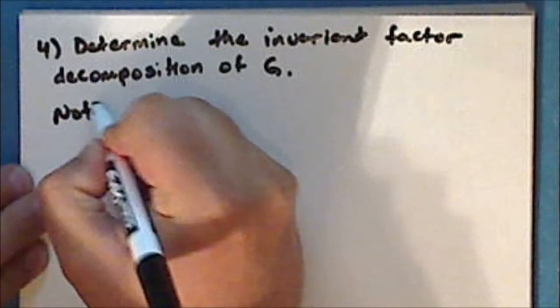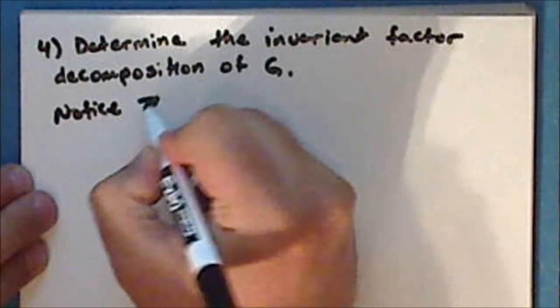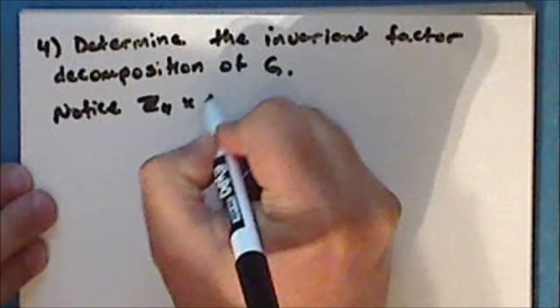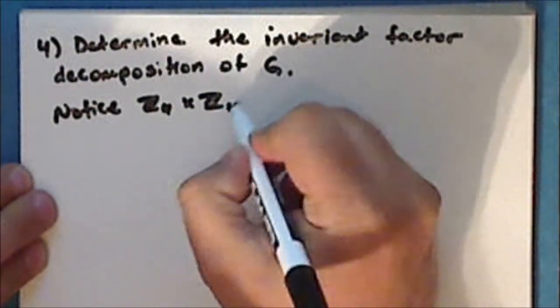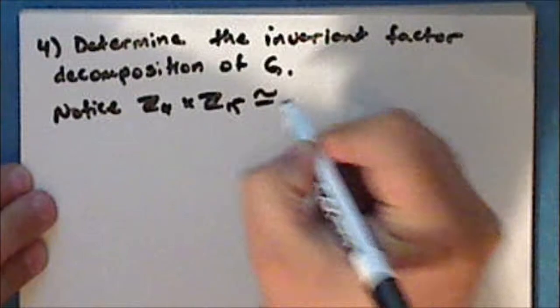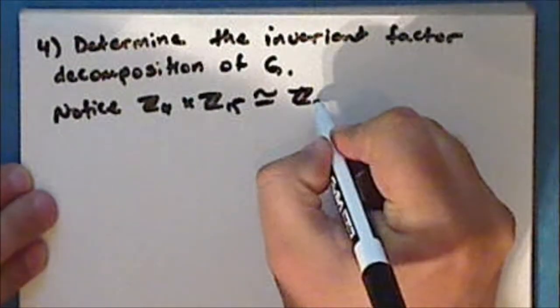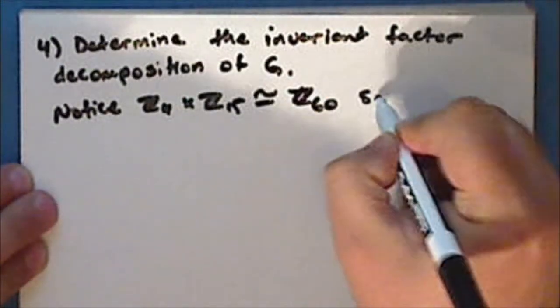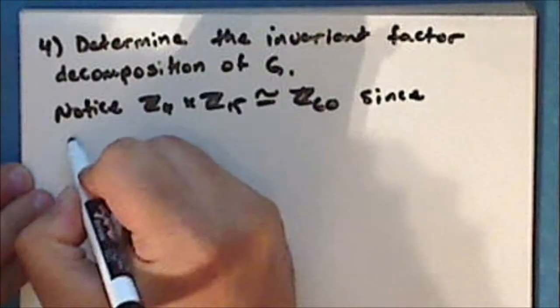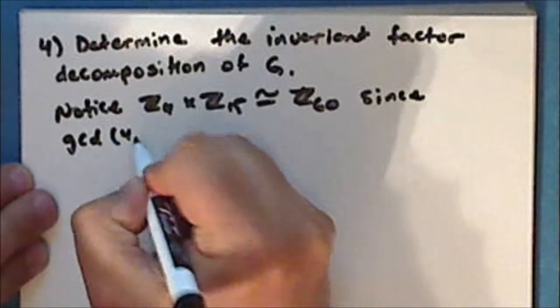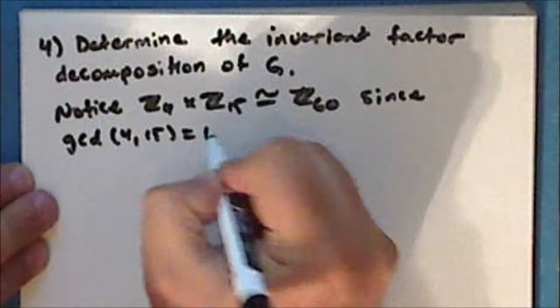Notice that the direct product of the integers modulo 4 with the integers modulo 15 is isomorphic to the integers modulo 60, since the greatest common divisor of 4 and 15 is 1.